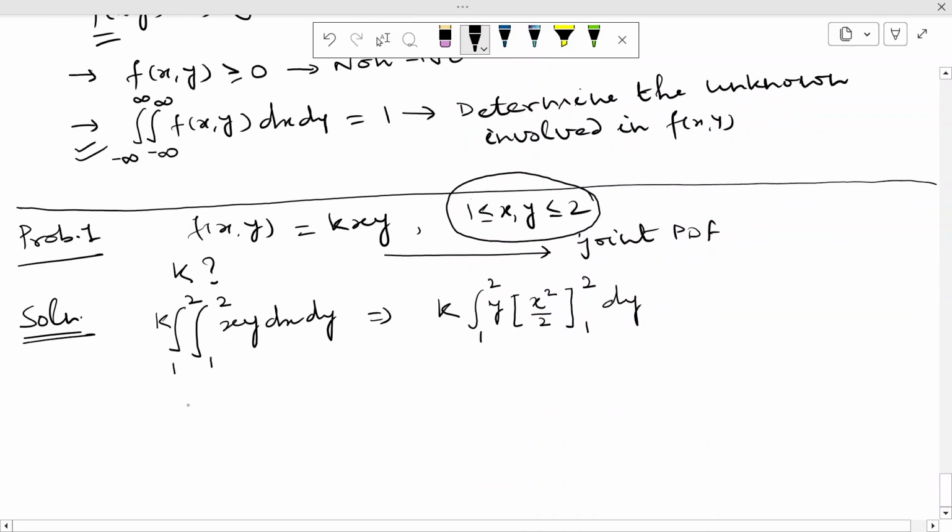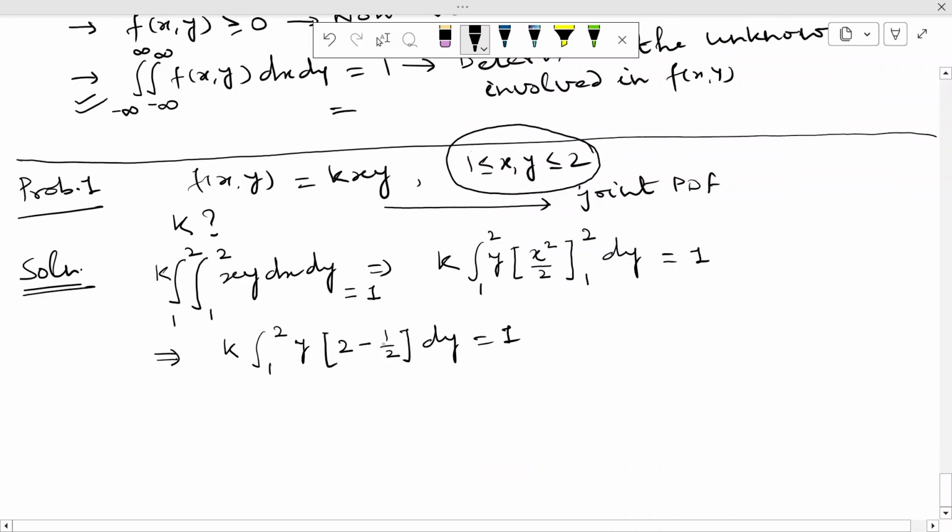Now when you integrate, the value of this integration is 1 because we are using this property. From here you will obtain k times the integral from 1 to 2 of y, and when you put the limits, when you put x equals 2, it is 4 divided by 2, which is 2, minus, when you put x equals 1, it is 1 by 2, and we have yet to perform the integration with respect to y.